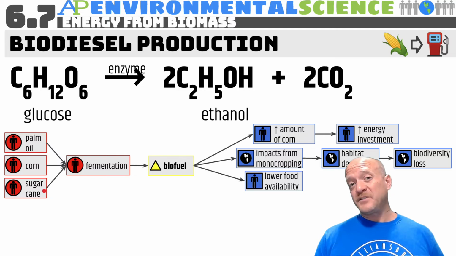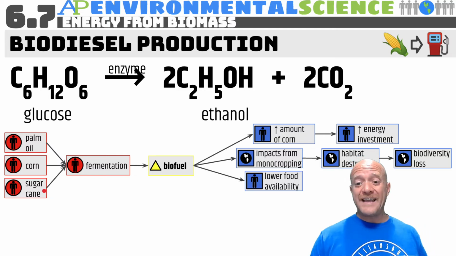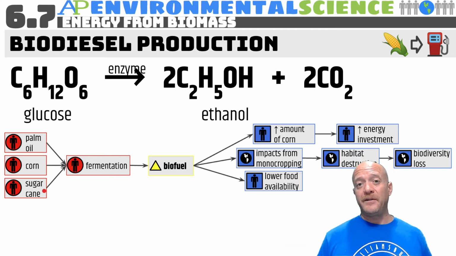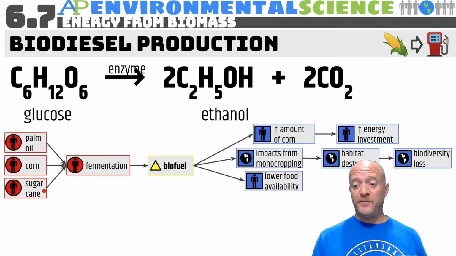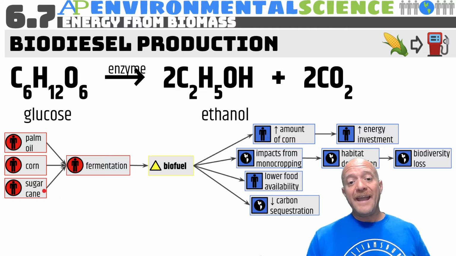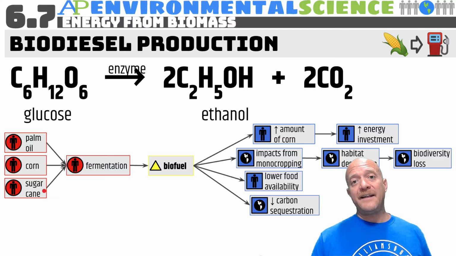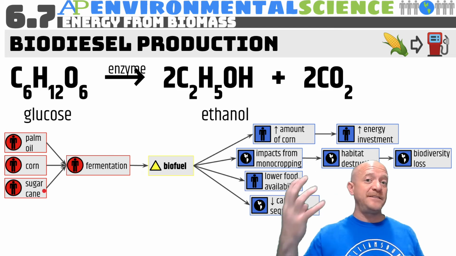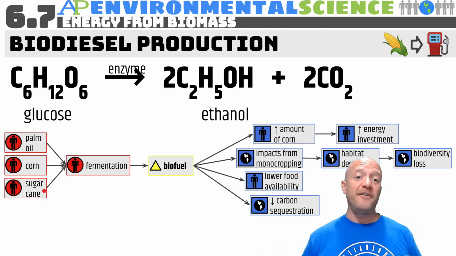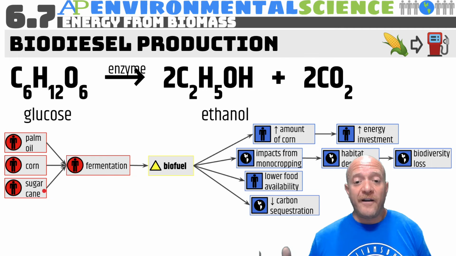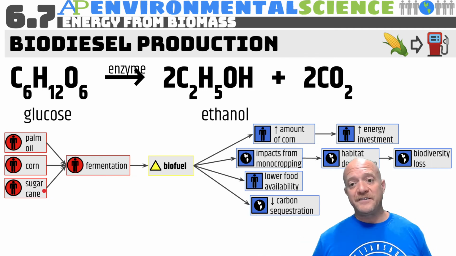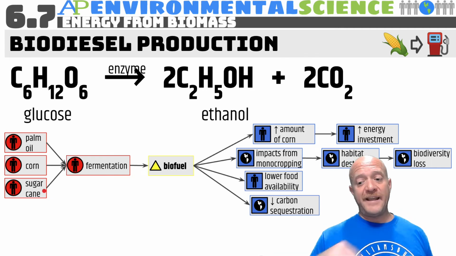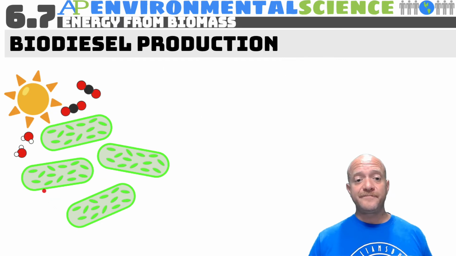When we're growing all this corn to produce biodiesel, what's happening is we're lowering the availability of food products for humans or for animals. And also we're eliminating that carbon sequestration. In other words, we're keeping the carbon dioxide in the atmosphere and we're not able to pull as much out of the atmosphere because we are cutting down this corn and preventing it from taking in more carbon dioxide.